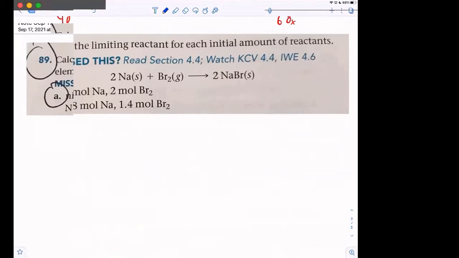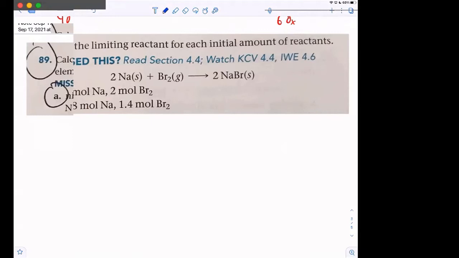And actually, looking ahead at B, it's going to be sodium again, because you're going to need 2.8 moles for the entire thing to react all the way with bromine. But let's just go ahead and solve it like it wasn't obvious, so you can see the way to do it. So for B, then you have to figure out how much sodium bromide, NaBr, product you're going to make.